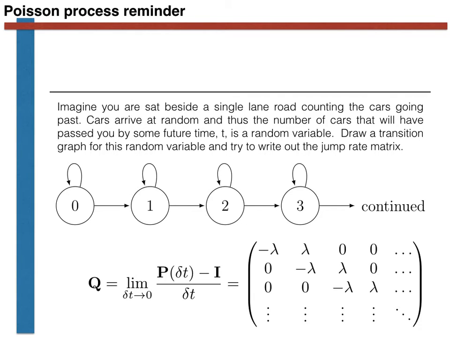With all this in place, we then solved the Kolmogorov equations and found that the number of events that occur during a time window of length t is a random variable taken from a Poisson distribution with parameter lambda t.